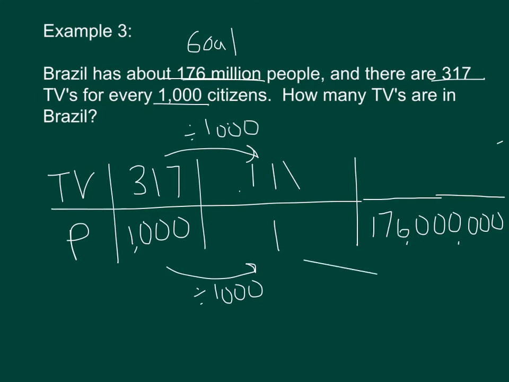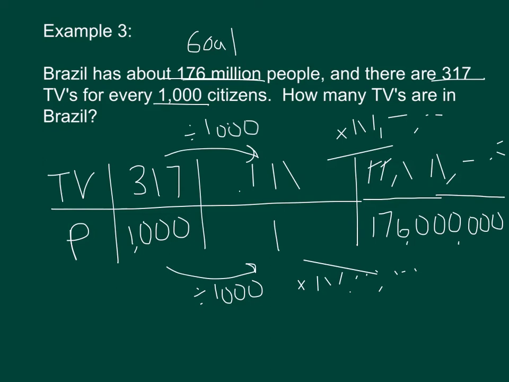So I need to multiply both top and bottom by 176 million. When I do that in my calculator, obviously, I'm going to get 55,792,000. So that's how many TVs are in Brazil.